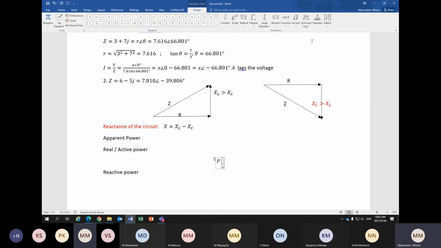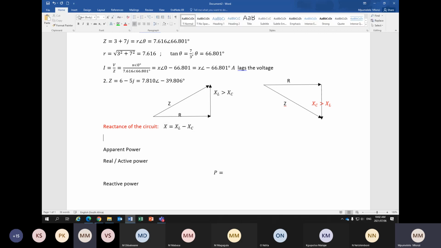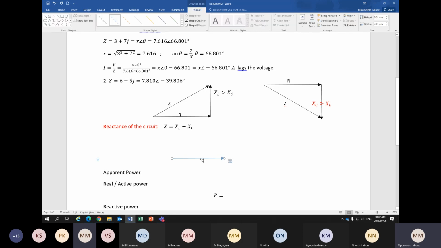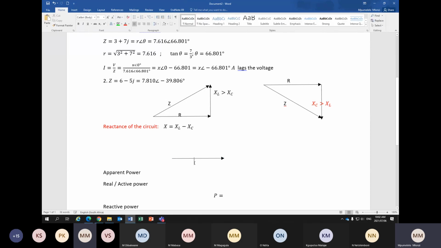P is equal to... Let me first draw the triangular representation of the power in AC. You have real power, which will lie on the real part, because, as the name says, real power is on the real part.